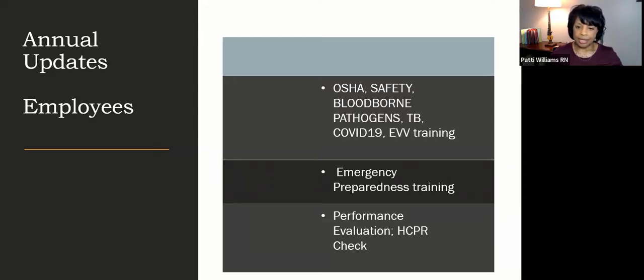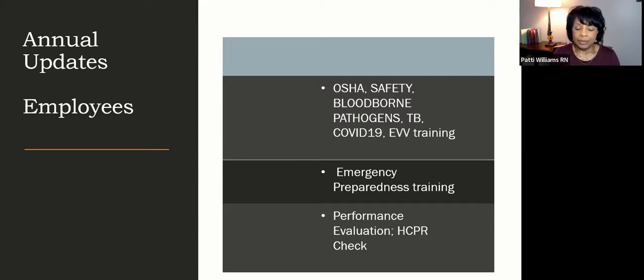Everyone that works for your agency should have a yearly performance evaluation. And the best way to do that is everyone has a hire date. So if they get hired in December, do their evaluation in December. It's a little bit tough to try to do everyone at once, because first of all, it'd be a big workload, and then it may not be a full year, just be too much.